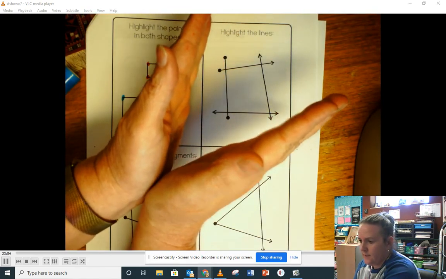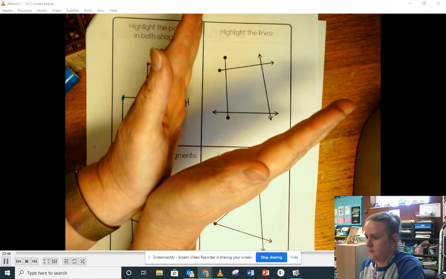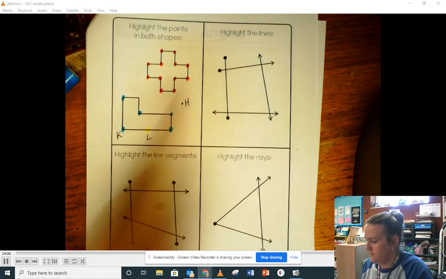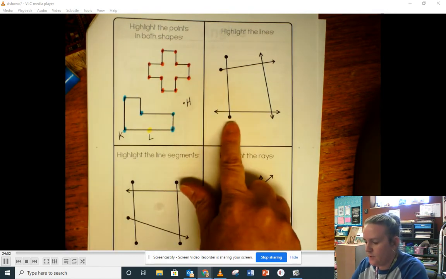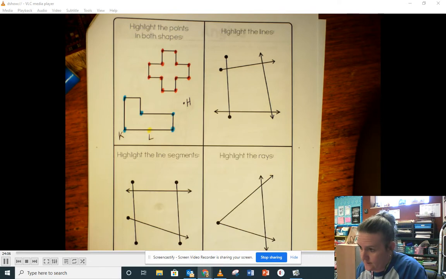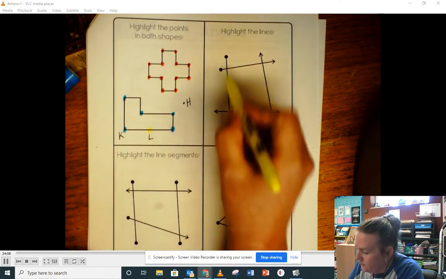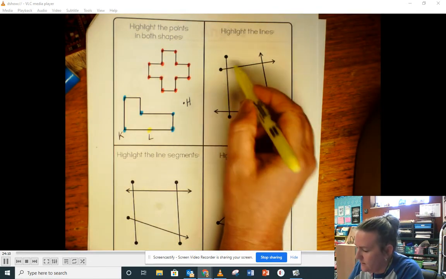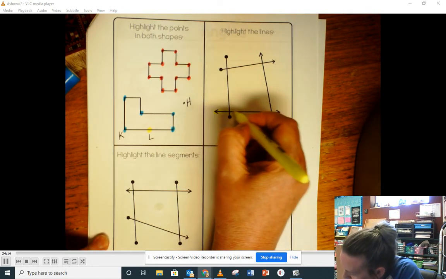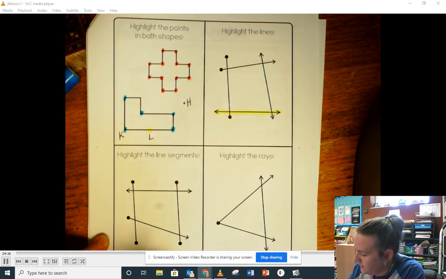Where they come together, that's a point. Our corners are often labeled with points. In our next picture, we're going to highlight the lines. So not the rays, not the line segment, just the lines that have arrows on both ends.